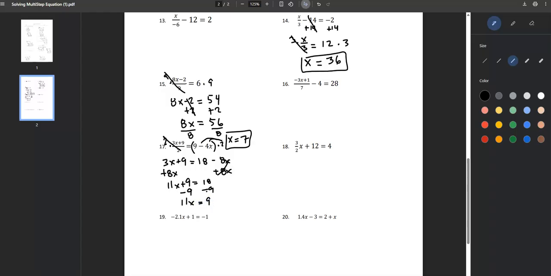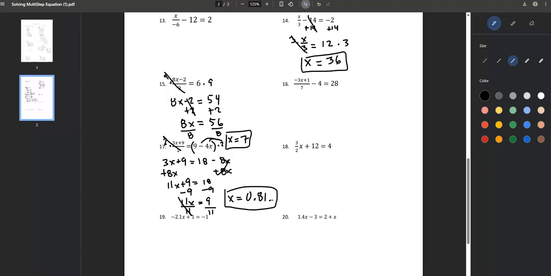The last thing to do is divide by 11 on both sides, because that gets rid of that timesing. I'm left with x equals, and you're going to get a decimal for this, 0.81 repeating. So that's what you'd have for that one.